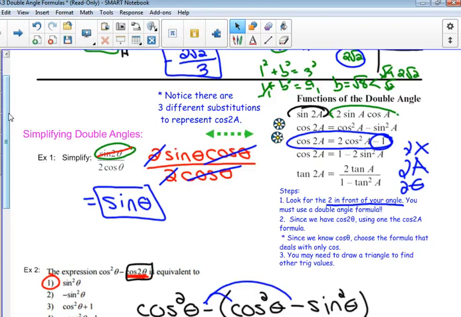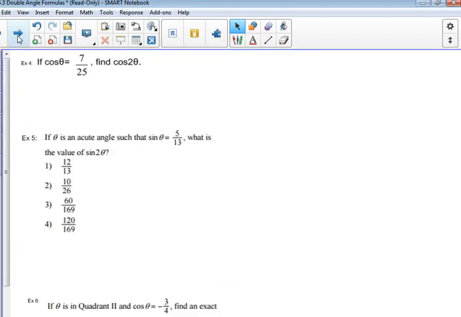So that's the first way you guys would see this as simplifying. The other way, you guys basically just did this yesterday, it just looks a little bit different. So, for your first one, if they give you something you know about cosine theta, 7 over 25, find cosine 2 theta. Well, if you guys are using cosine 2 theta, let's see what we got here.